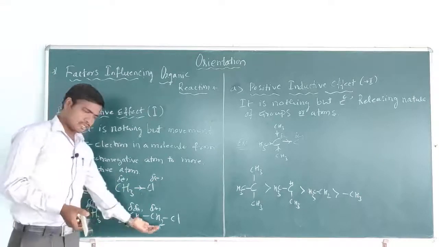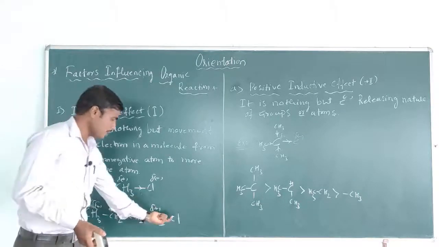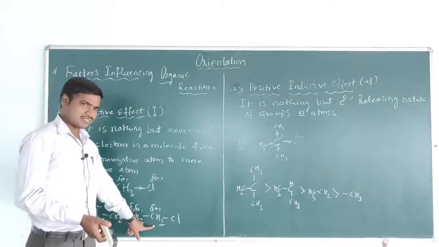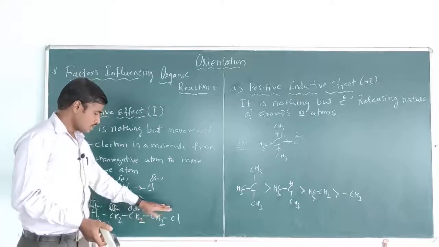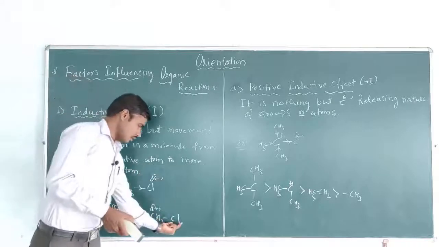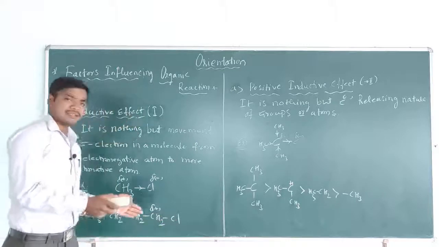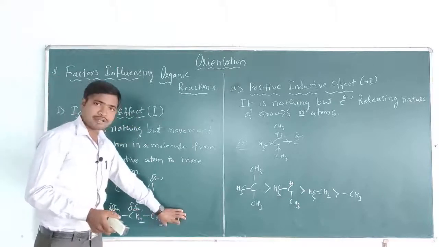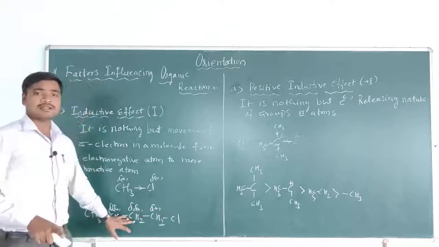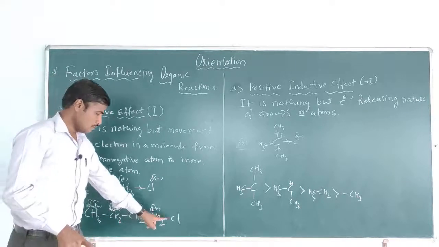Then if you consider the molecule chlorobutane, the effect of the chlorine atom on the first carbon atom is high. As the distance between the more electronegative atom and the carbon atom increases, the effect of the electronegative atom on the carbon atoms keeps decreasing.